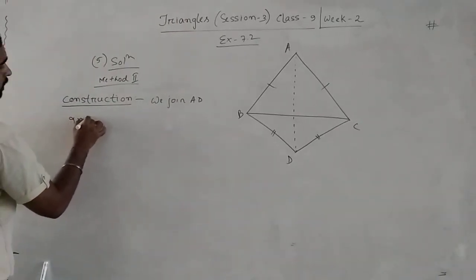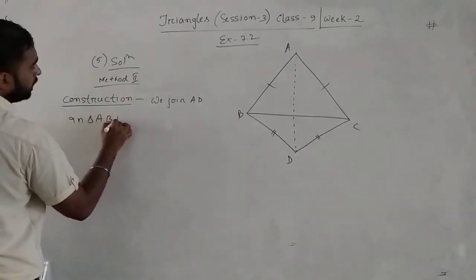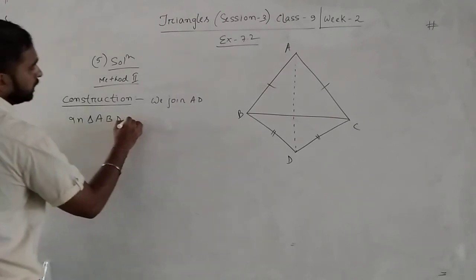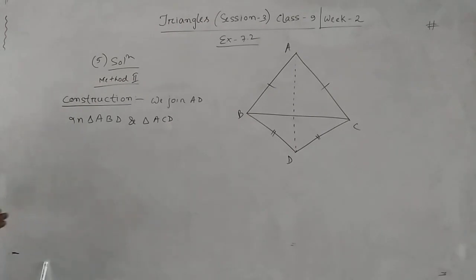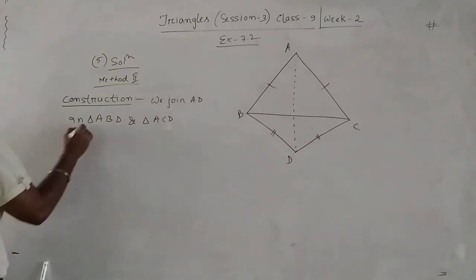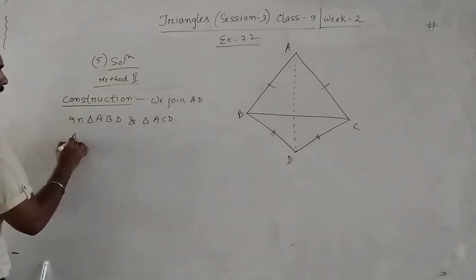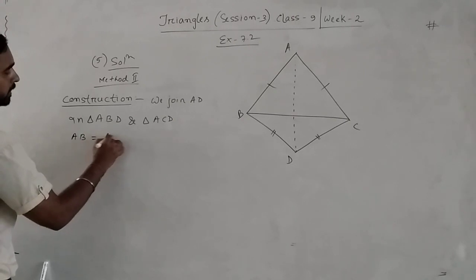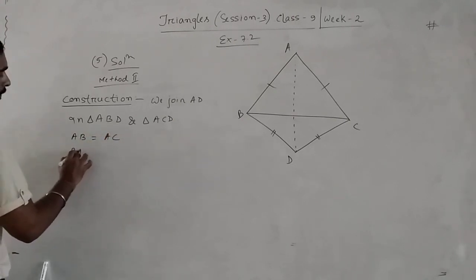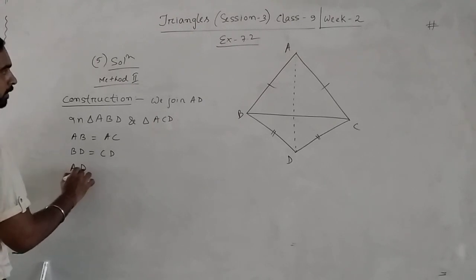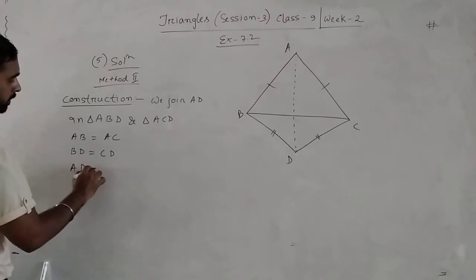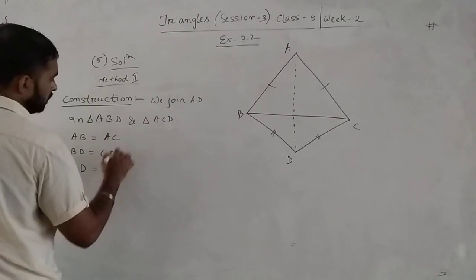Now in triangle ABD and triangle ACD: AB equal AC, given, BD equal CD, also given, then AD equal AD, common.